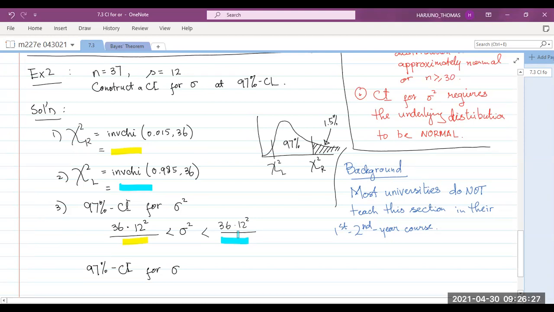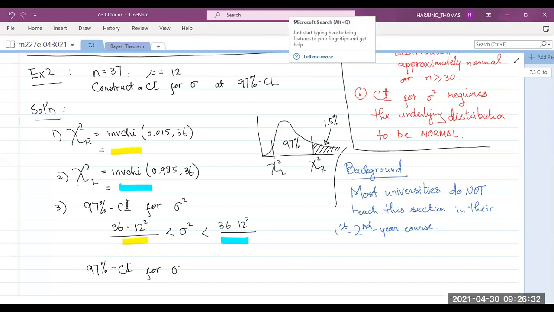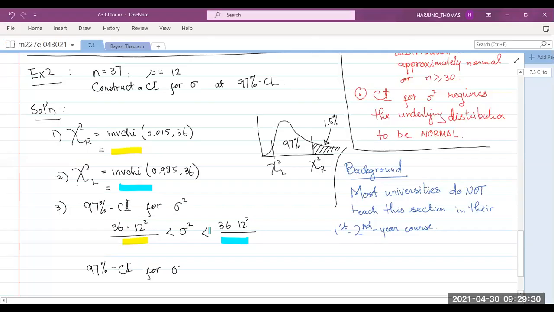The one given to us is the sample standard deviation, so I have to square it to make it the sample variance. Compute that and then apply the square root. Now, let me give you 2 or 3 minutes to do this. Okay, let me start.